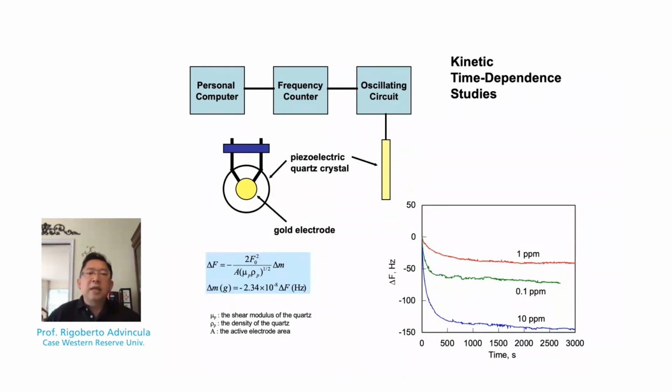So a simple setup here where we have a quartz crystal that we dip in a solution of various concentrations of polymer shows us that over time, the frequency decreases, and even the modeling of the curve can represent a kinetic or rate model that can be interpreted on the basis of adsorption, whether it's physisorption, chemisorption, or different rate models in terms of induction or fast deposition kinetics versus equilibrium.